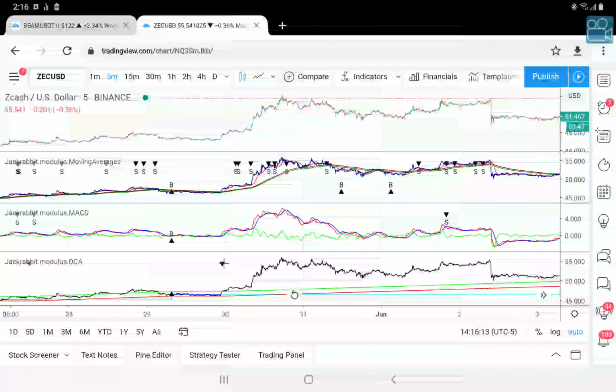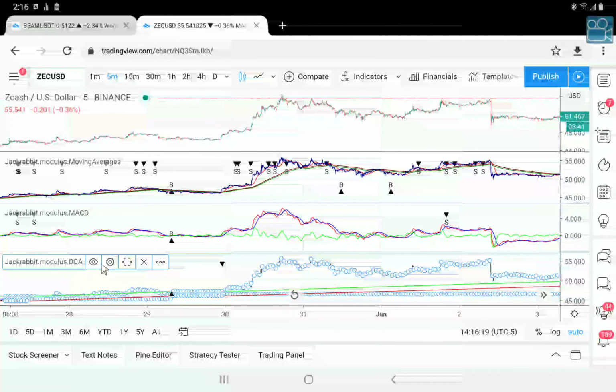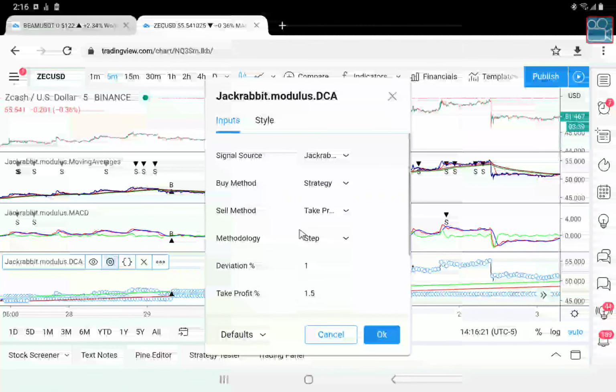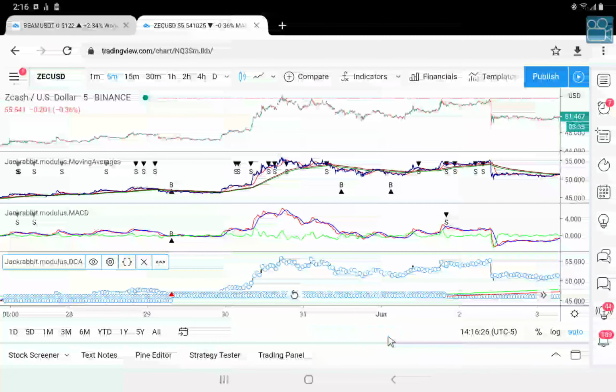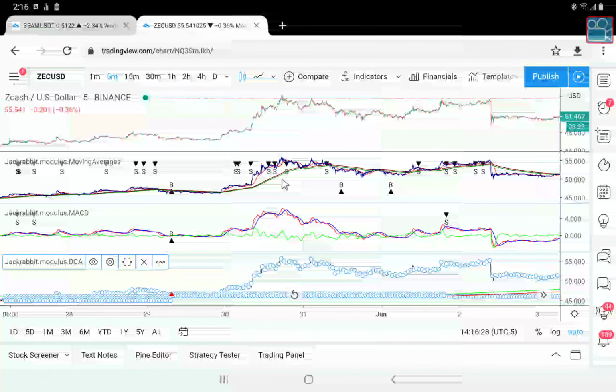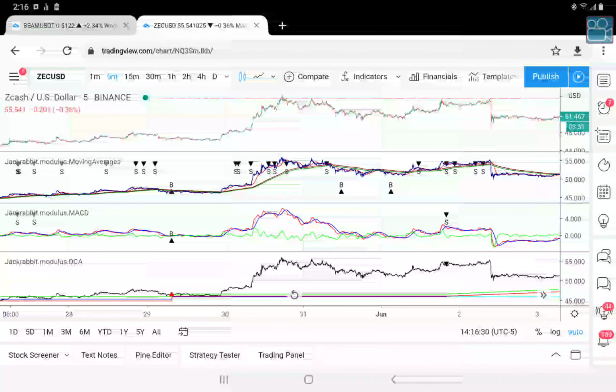This coin looks like it might actually be more stable using a take profit versus a strategy approach. But again, it's something that you have to consider, weigh in, and really investigate.